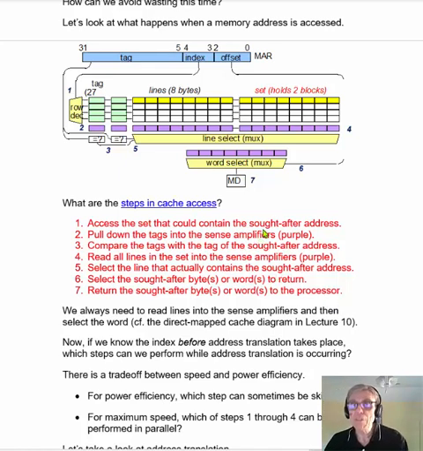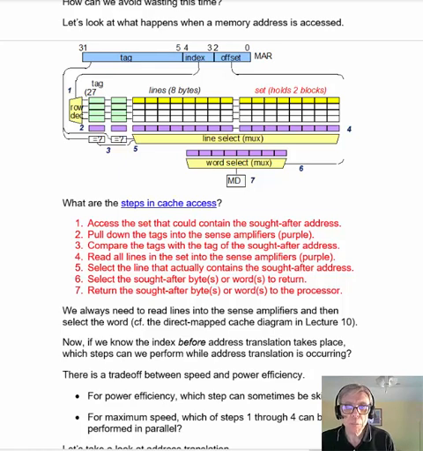If we knew the index before address translation started, we could perform some steps in parallel. Now, there are the steps numbered in order. We could perform steps 2 and 4 while address translation is occurring. That is, we could access the set that could contain the sought-after address, pull down the tags into the sense amplifiers, and read all lines into the sense amplifiers.